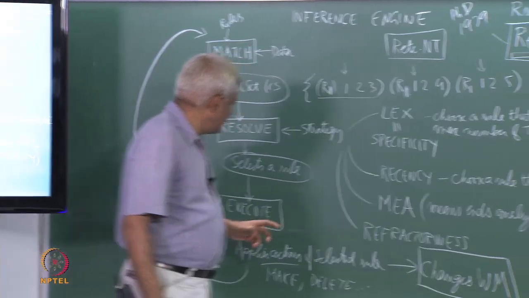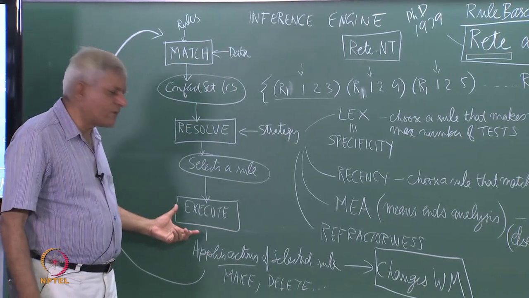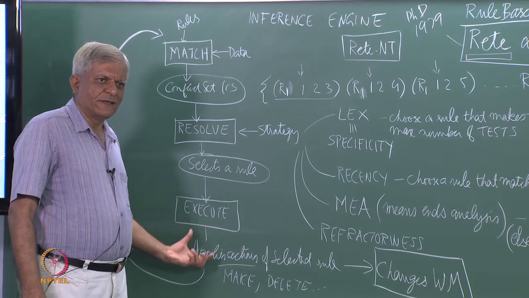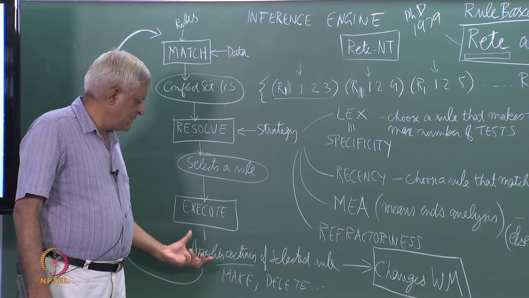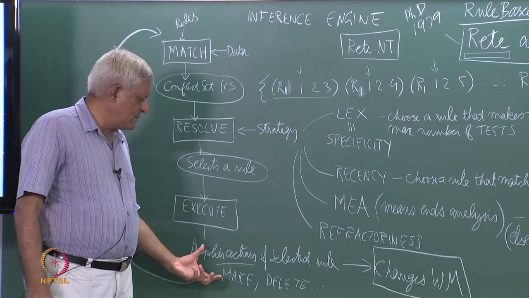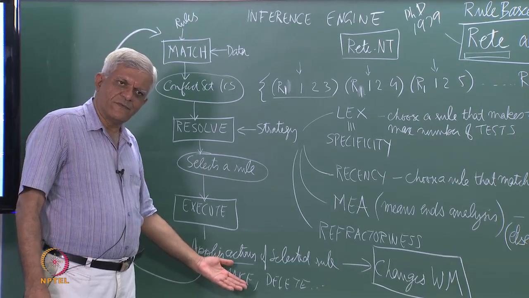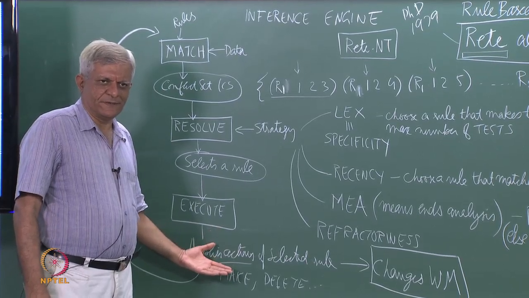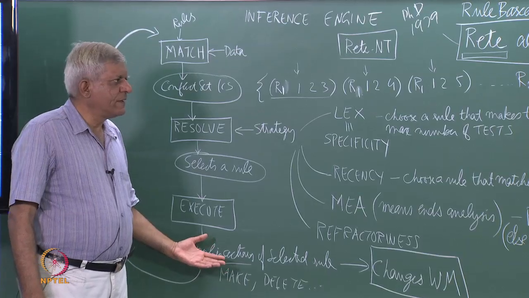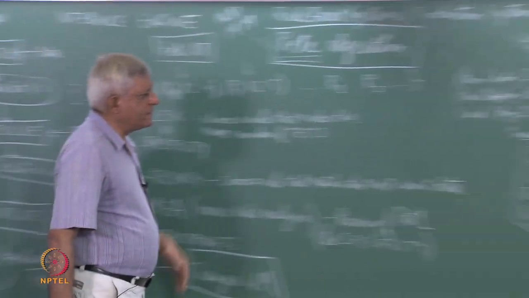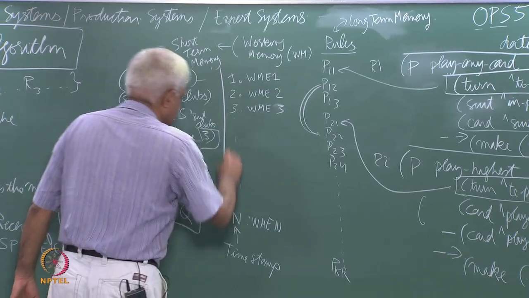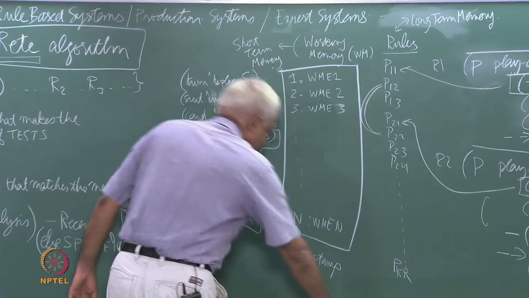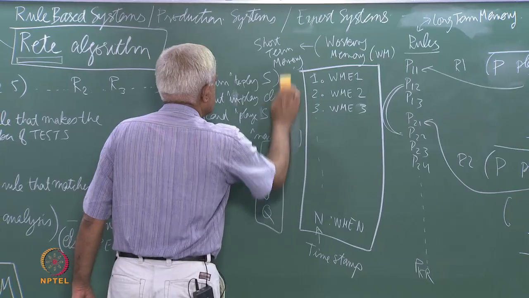which will occur to you if you look at what this execute is doing. What is this execute doing? It is making some new working memory elements, or it is deleting a few working memory elements. So, in a large working memory of this kind, so let me rub this off.